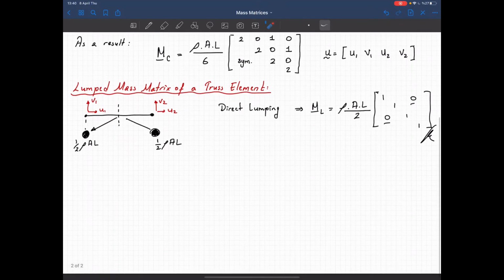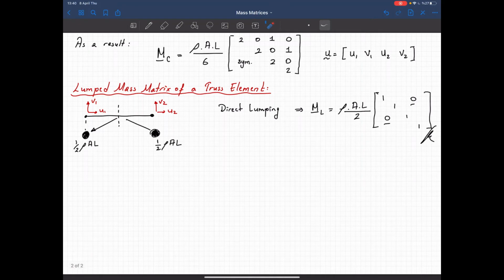Now we discussed two approaches to calculate the mass matrix, but the matrix that we obtain at the end of the day must obey the following properties. So let's discuss that. Mass matrix properties. There are two symmetry conditions.